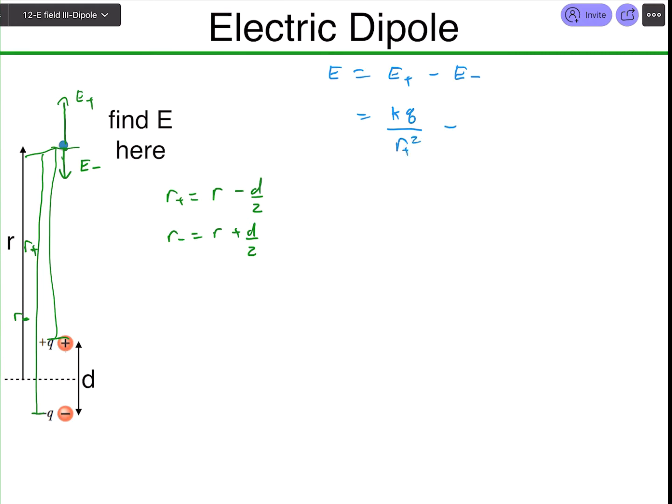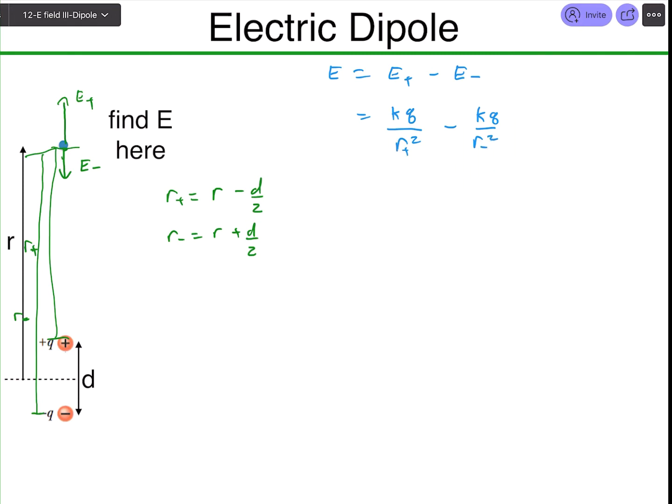And then from that, I'm going to subtract the electric field due to the negative charge, right? So here I'm just taking the magnitude of the negative charge. Basically, the electric field due to the positive charge is pointing up, so I'm making it positive. The electric field due to the negative charge is downwards, so I'm making it negative.